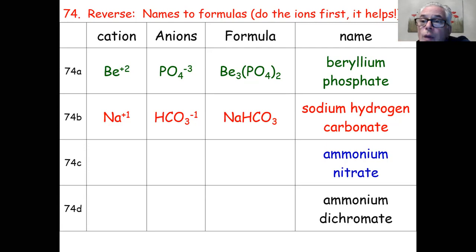74C, we got ammonium, that's a cation, and we got nitrate, which is a polyatomic anion. They're both polyatomic. They're both on table E. So let's see. I think these come up all together. There we go. The NH4 is a +1, and the NO3 for nitrate, make sure you don't pick nitrite. That's something different. Nitrate has a -1. Crisscross, 1-to-1 ratio.